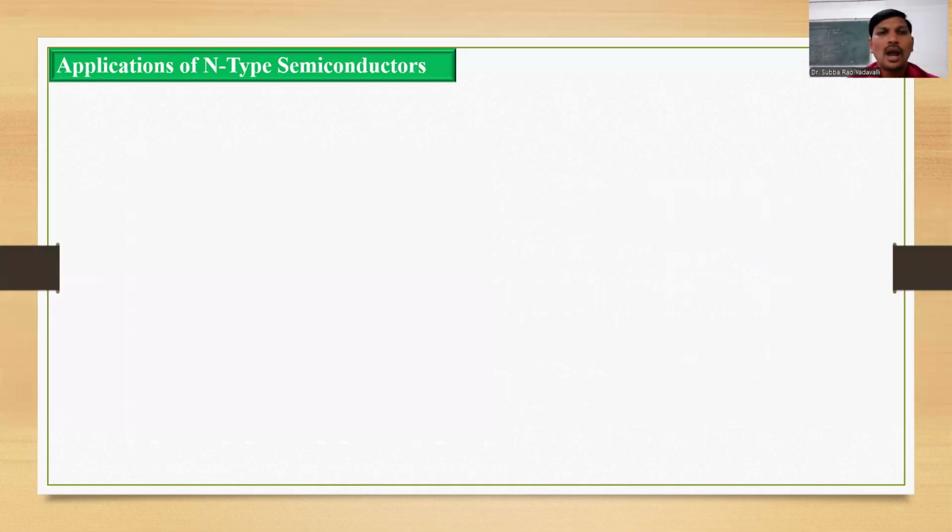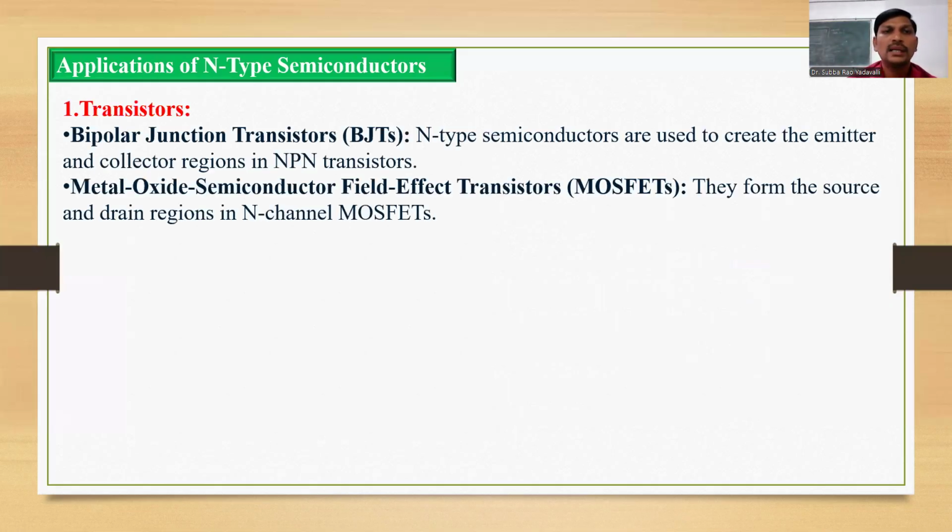Now coming to the applications of N-type semiconductors. The first one is transistors. Here N-type semiconductors are used for the construction of transistors and metal oxide semiconductor field-effect transistors, MOSFETs.